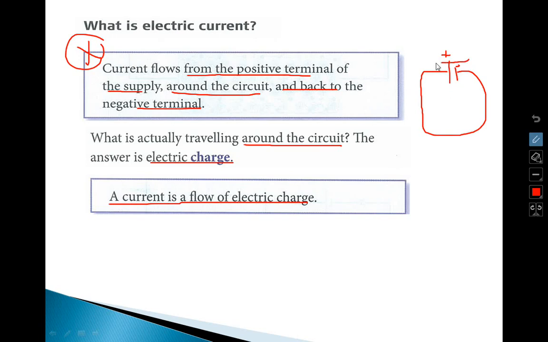So the current is moving this way because of charges. As we said, there are electrons and protons. Protons are positive, electrons are negative. So electrons give the ability to the current to move through the circuit.